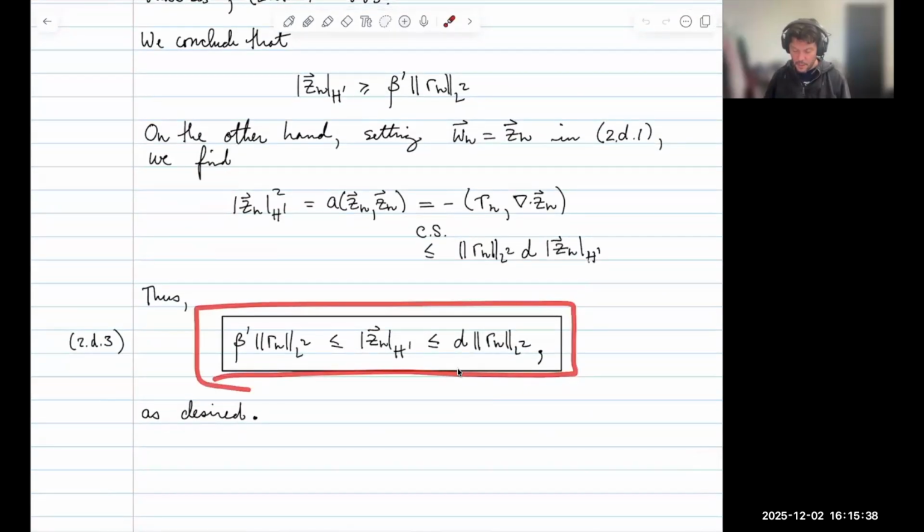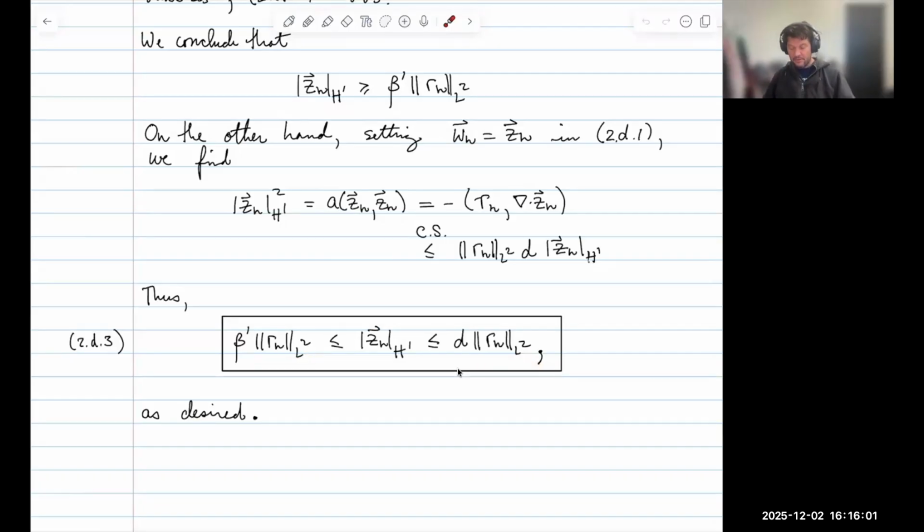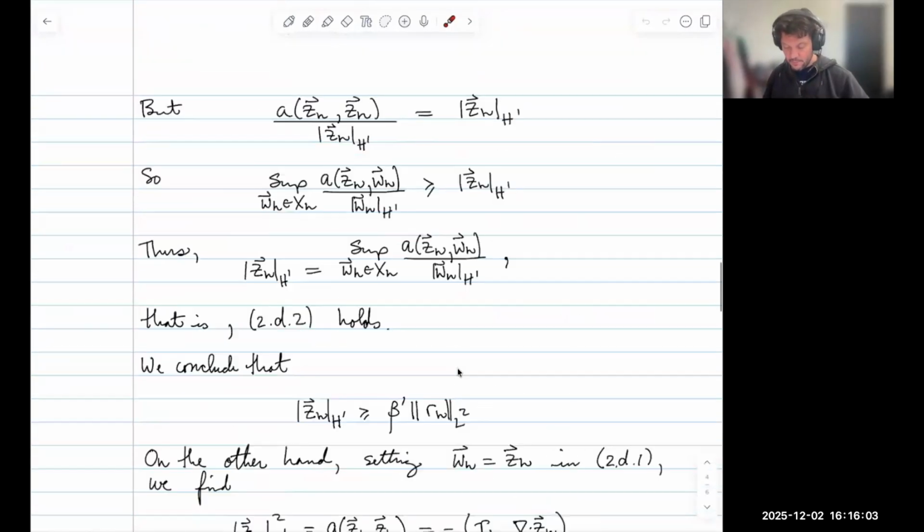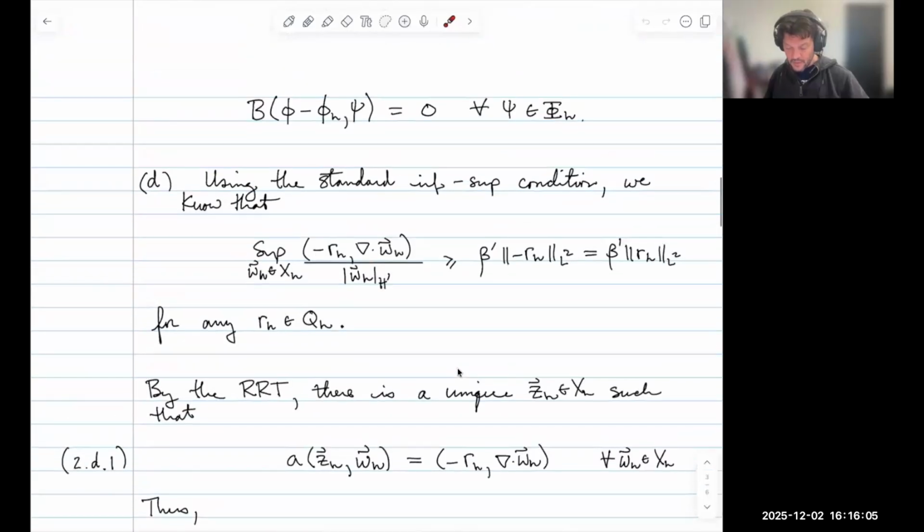We're given RH, and I want to show that there exists a ZH such that the H1 seminorm of ZH is equivalent to the L2 norm of RH. So that's exactly what I have, an equivalent statement here. That's what I want to prove. So here's how I do it.